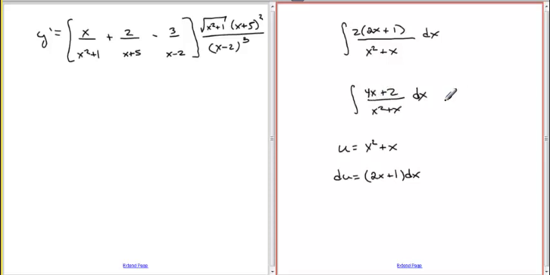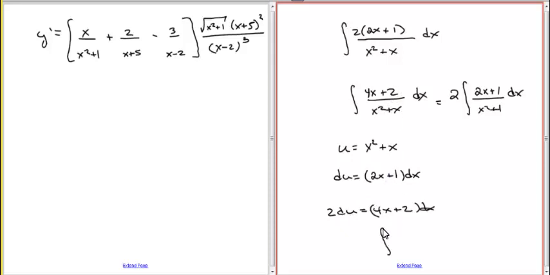What I could do, I've got this common factor, so I could factor out the 2 to start with, and I'd get 2x plus 1, and then it would fit exactly. That would be one way of doing it. The other way would be saying, okay, I need 4x plus 2 dx, so I'd have to multiply both sides here to get 4x plus 2. And then I can make that substitution into here.